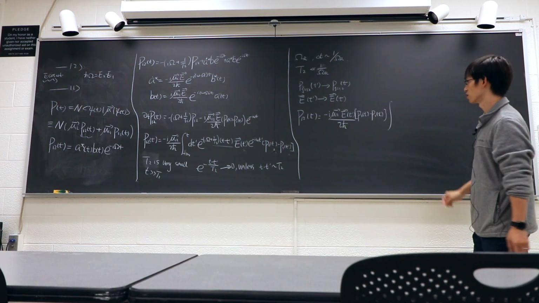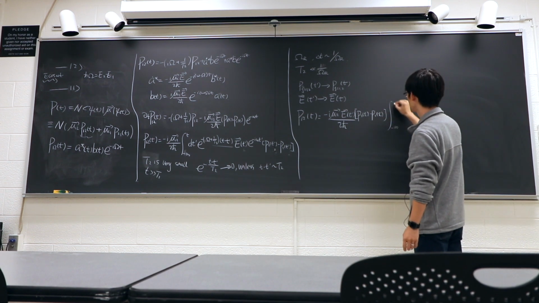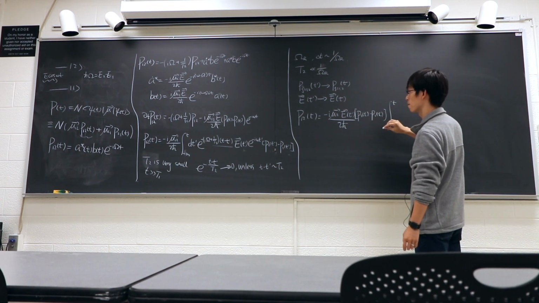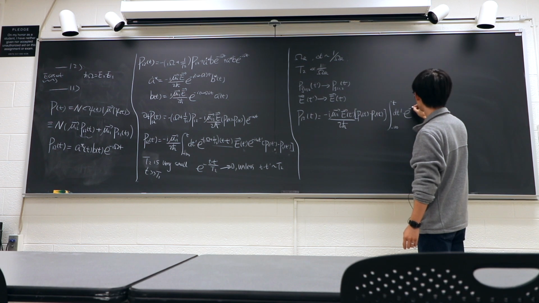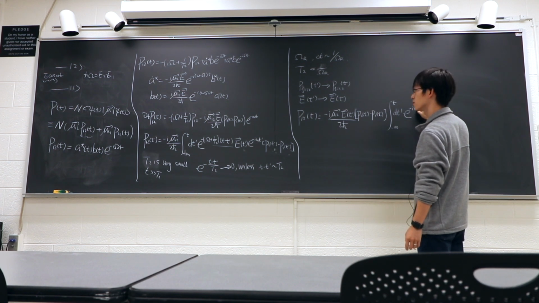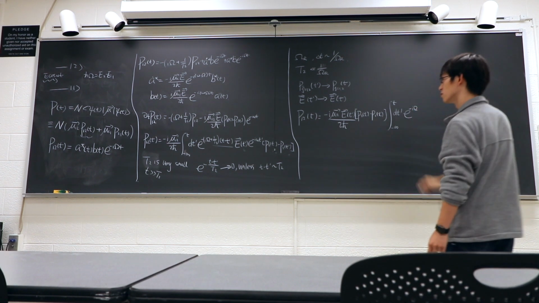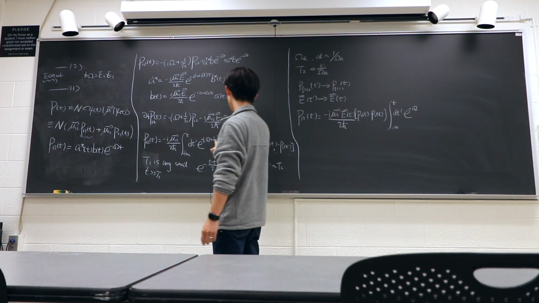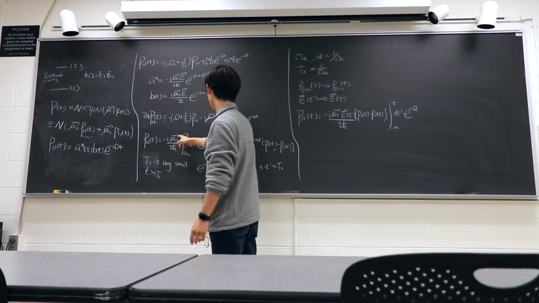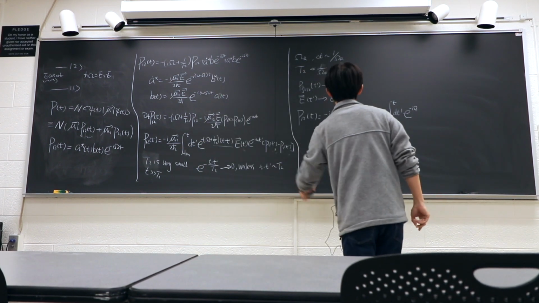You have the integral from minus infinity to t of dt prime, e to the minus i omega. Oh, this one is t. This one also can go in the front. Okay.